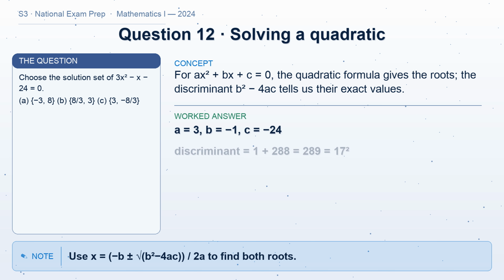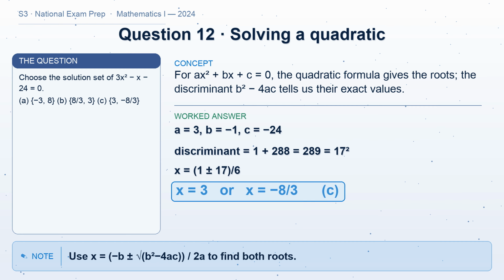Here a is 3, b is minus 1, and c is minus 24. The discriminant is 1 plus 288, which is 289, and that is 17 squared. So x is 1 plus or minus 17 all over 6. That gives x equals 3, or x equals minus 8 over 3. The answer is option C.